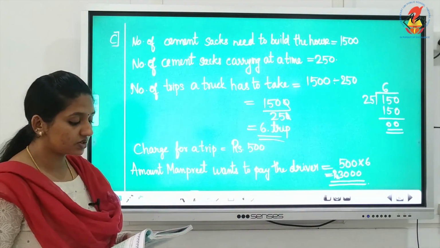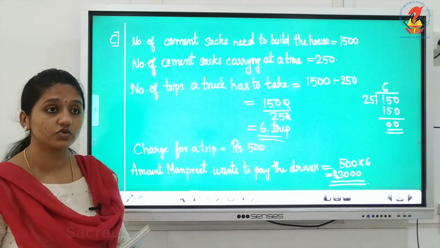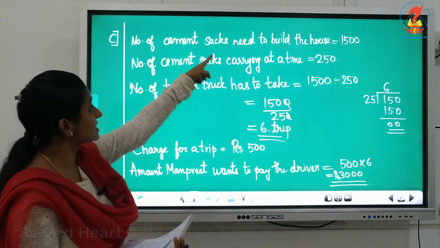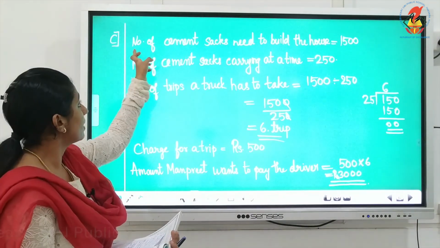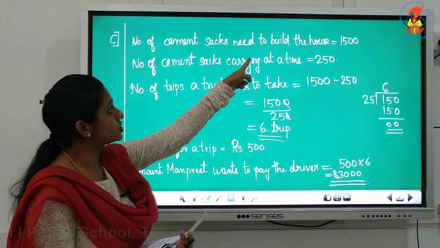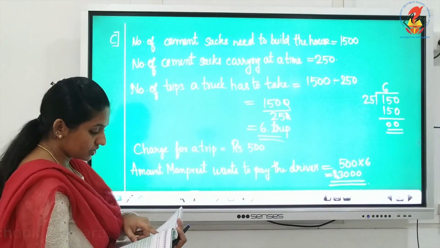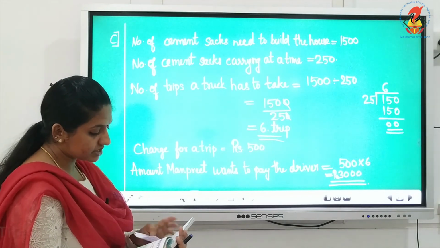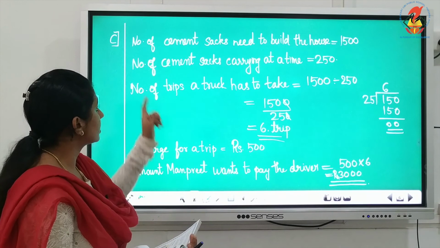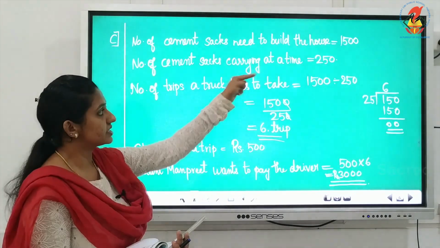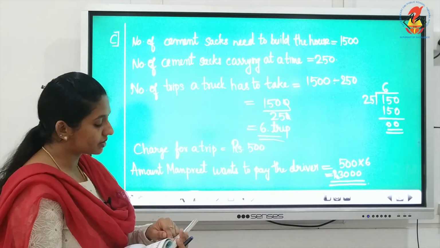The number of cement sacks needed to build the house is 1500. The truck carries 250 sacks at a time. So the number of cement sacks carried at a time is 250. How many trips will the truck make?